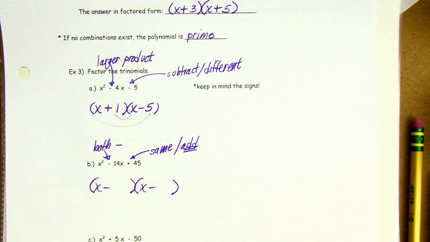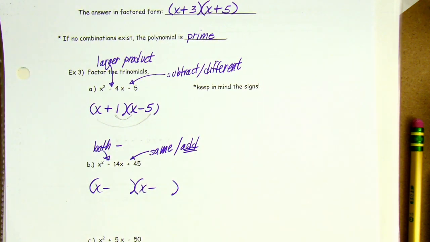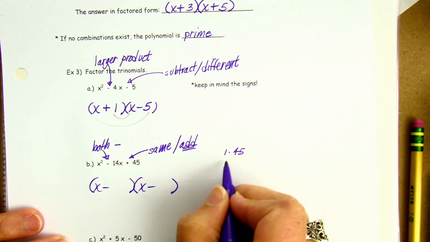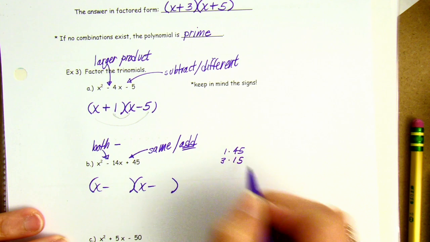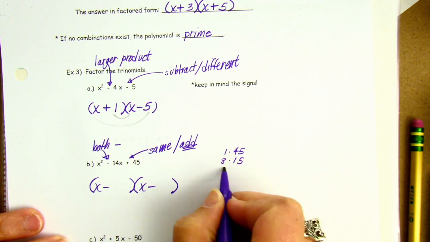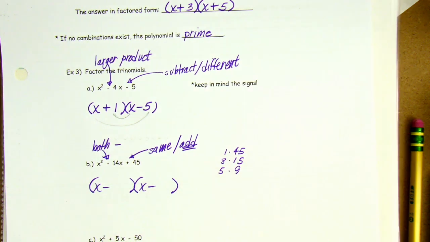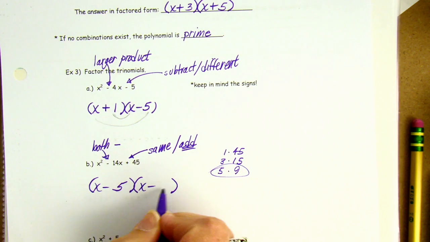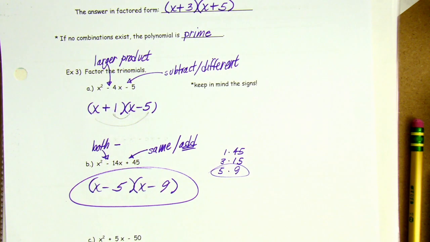Now I need two numbers that multiply to 45 that when I add them give me a 14. Well, you could go through: 1 times 45, 2 doesn't divide it, 3 times 15, 4 doesn't divide it, 5 does, 9 times 5, and I believe those are the only combinations of factors for 45. All right, so which ones are going to add to 14? Well, right here you go, 9 and 5. And we are finished with that problem.